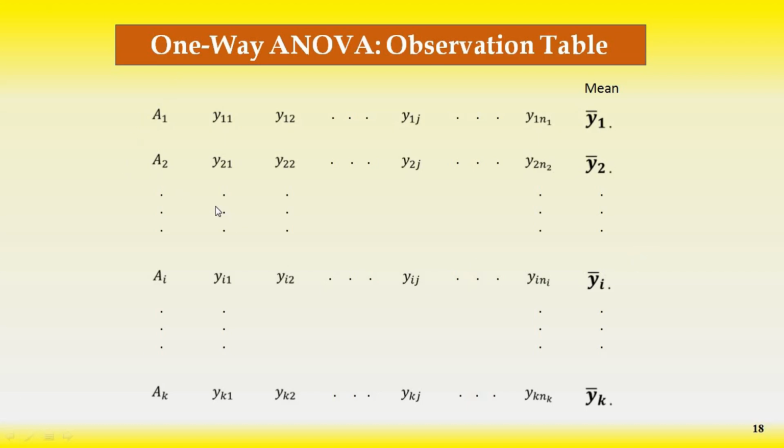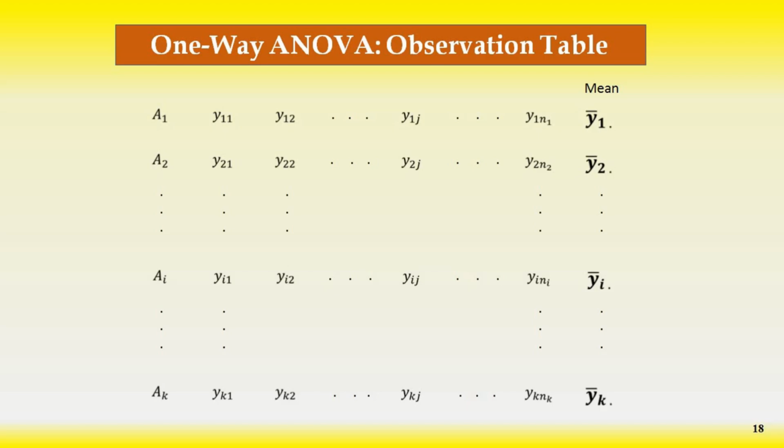So how can we explain this? Here we have considered a factor A which has k classes, A1 up to Ak. The number of observations in the ith class, where i equals 1 to k, is ni, and the summation over i from 1 to k of ni is equal to n.